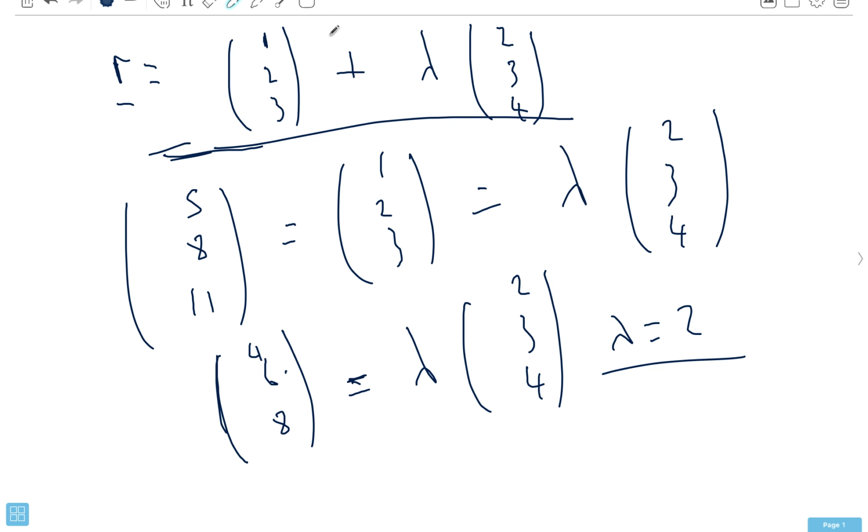And remember, the first bit is the line passes through this point, and the second part is the direction of the line. Or actually, we'll do one more exercise because sometimes they don't give us the direction of the line. Sometimes the direction of the line is not given, so they might say a point P, (2, 3, 4), and another point Q, which is (3, 4, 5).